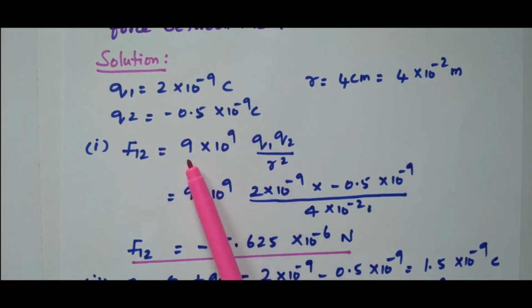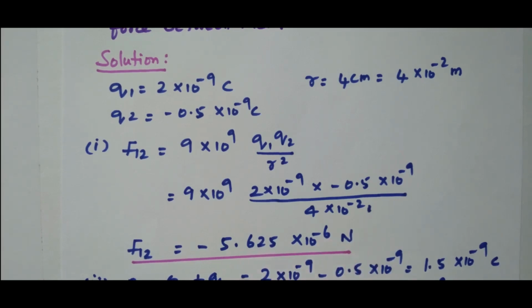The formula is 9 into 10 to the power 9 Q1 Q2 divided by R square; the force is a scalar here, not a vector. R is 4 into 10 to the power minus 2, converting into meter. So we got minus 5.625 into 10 to the power minus 6 Newton.